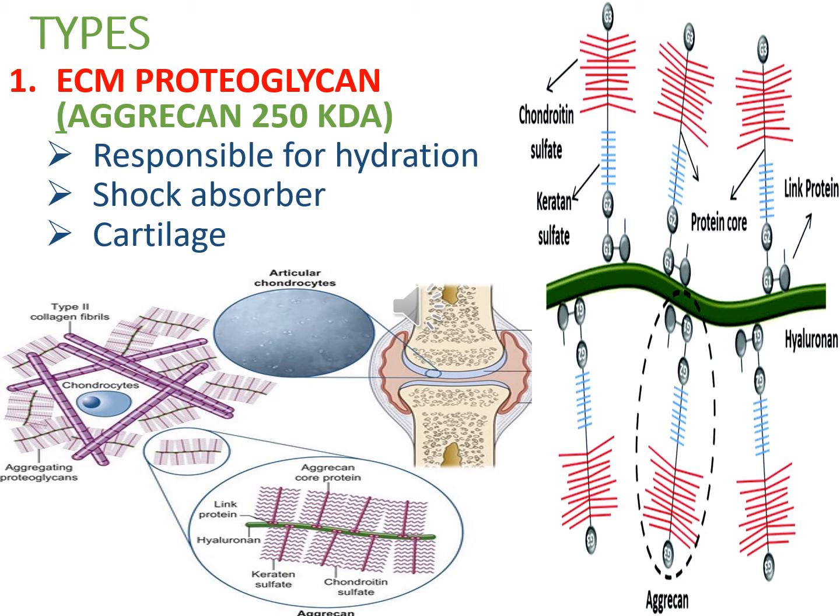It has chondroitin sulfate and keratan sulfate, and it is attached to the hyaluronic acid by a link protein. You can see the link protein beside the chondroitin sulfate, keratan sulfate, and protein core, linking it to hyaluronan. So this is a major constituent of cartilage. It fills the spaces between the collagen type 2 fibers and the chondrocyte.